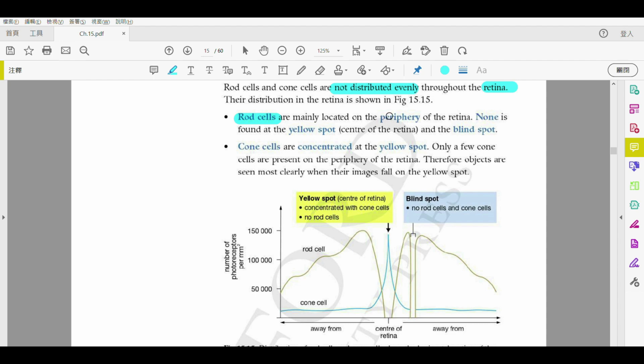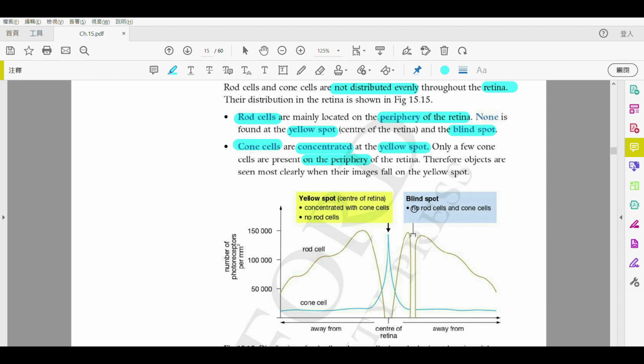They are located on the periphery of the retina. 自己讀一讀呢一隻字 periphery 係代表周邊嘅. And you can find no rod cell on the yellow spots. No. And no on the blind spot. However, for cone cell, they are more concentrated 係好集中嘅咯, on the yellow spots, and only a few on the periphery 係得少量嘅啫。Also, would it take place in a blind spot?